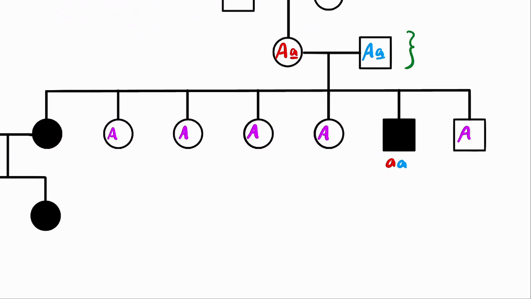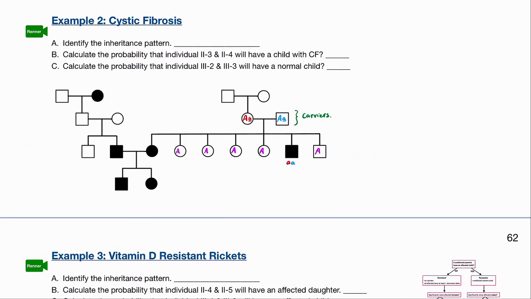So these parents are carriers, and you can only have carriers when you have recessive. It has to be recessive. Autosomal recessive often has carriers. That means they're unaffected heterozygous individuals. Okay, so this looks like it's autosomal recessive.